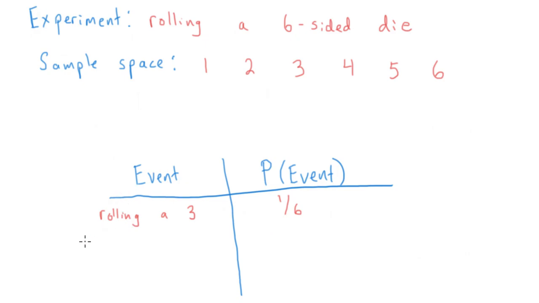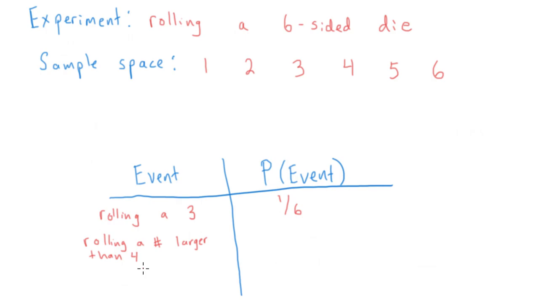So what if I said my event was rolling a number larger than 4? So now my event, okay, I'm going to roll the die, and the event is I want to roll a number larger than a 4.